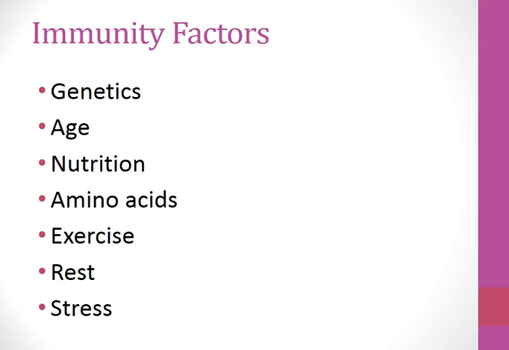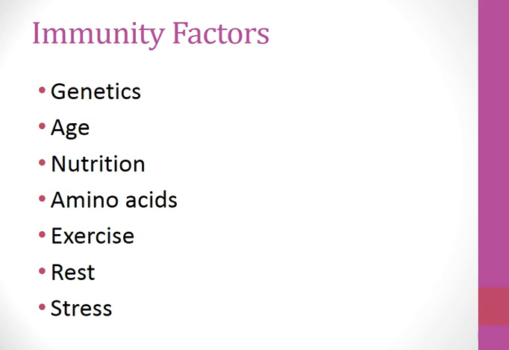Okay, the factors affecting the natural or the inborn immunity, which are the lymphokines, cytokines, and the granulocytes and the monocytes. There are some things that can affect that. First, it's genetics. Each species recognizes different types of substances as foreign.